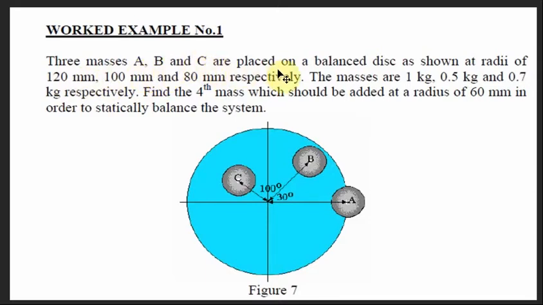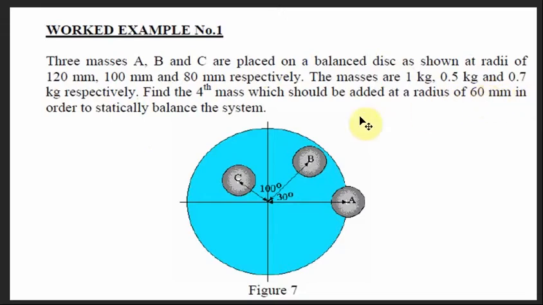In this example, we have three masses, A, B, and C, which are placed on a balance disk as shown, at radii of 120 millimeters, 100 millimeters, and 80 millimeters respectively. We are also told that the masses are 1 kg, 0.5 kg, and 0.7 kg respectively.